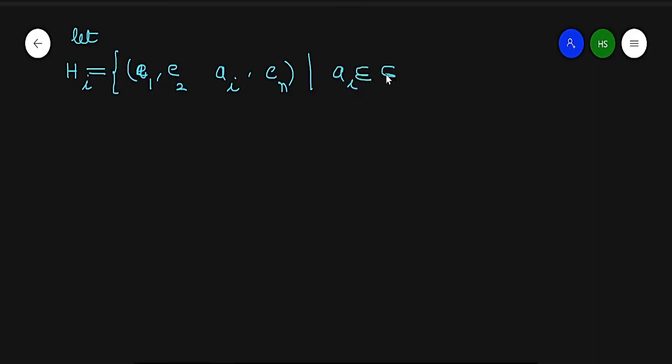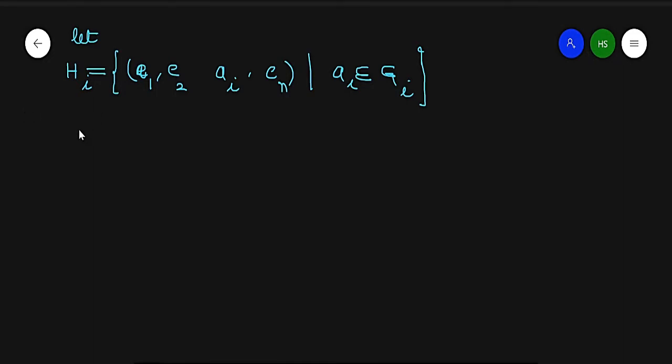First, the given part: what is Hi for every i? This is the set consisting of elements E1, E2, and the ith term is Ai, up to En, such that Ai belongs to Gi, where Gi is a group of G. Now we have to prove that it is a subgroup, number one; number two, a normal subgroup; and number three, isomorphic to Gi.